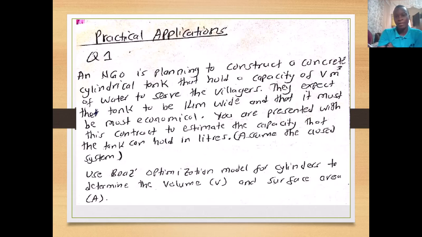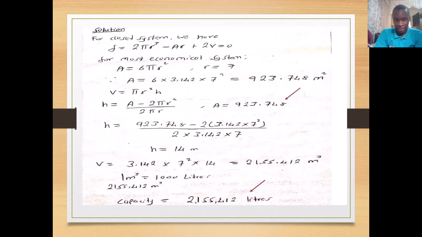You are presented with this contract to estimate the capacity that the tank can hold in liters. Assume the closed system. Use Boas optimization model for cylinders to determine the volume V and the surface area given as A. Now to the solution part.